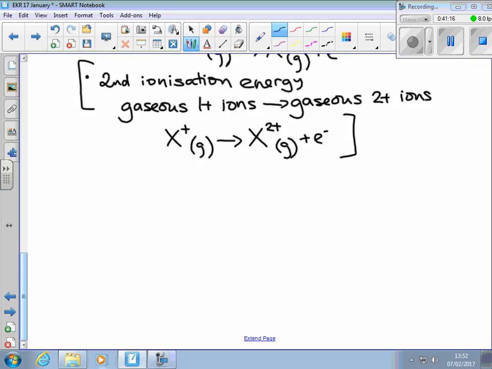Now, this is where we have to consider the other thing that I haven't mentioned previously, which is the first electron affinity. This really is the other end of the periodic table, the other side, if you like.